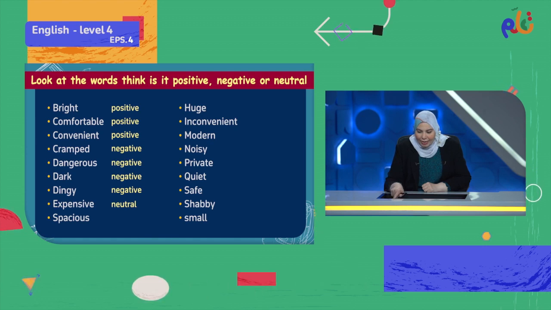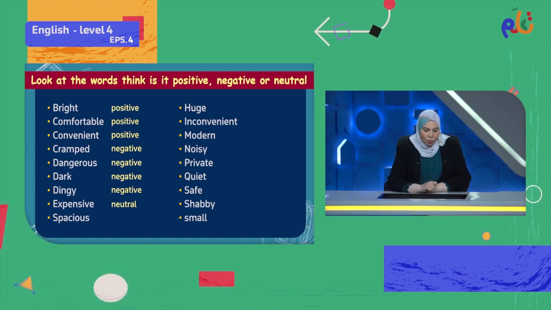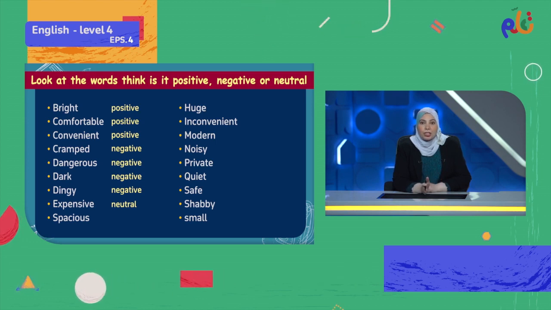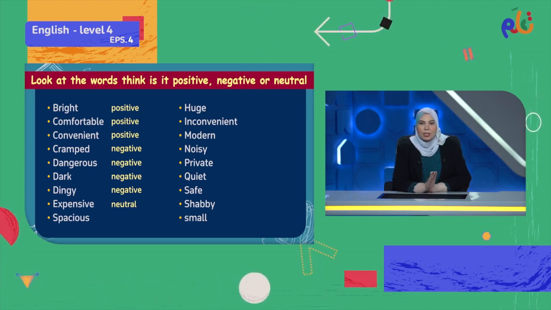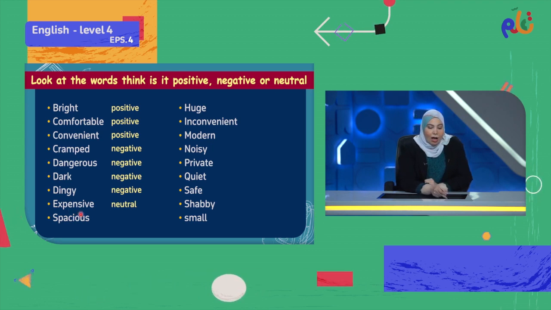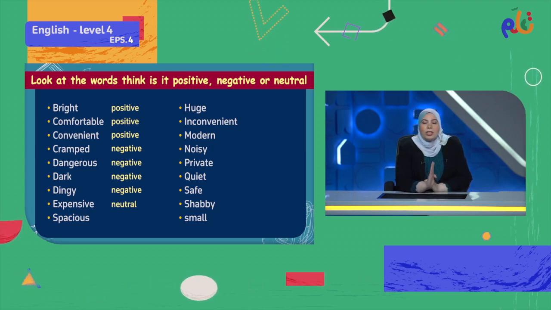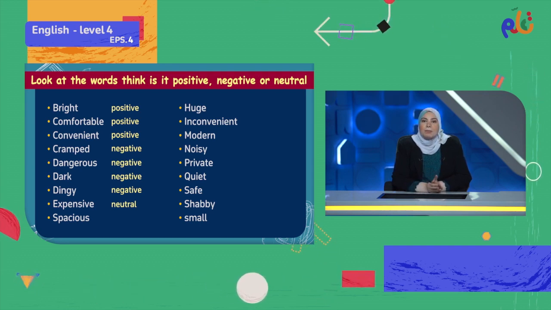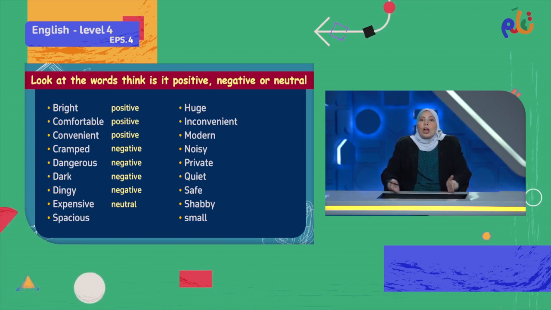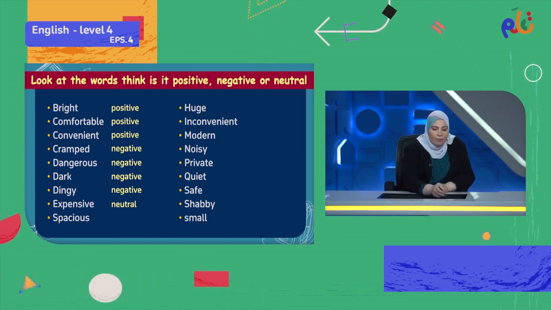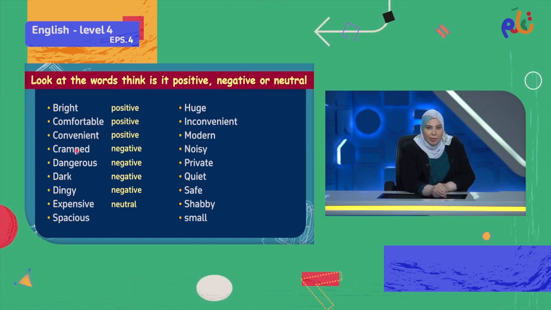Okay, and here we have the next word, which is spacious, spacious, which means full of space. So it is the opposite of cramped.